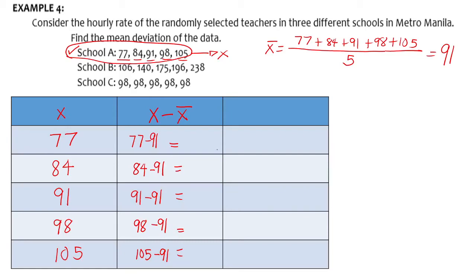Negative 14. Let's write that down. What about 84 minus 91? Negative 7. The next one is 0. What about 98 minus 91? 7. What about 105 minus 91?